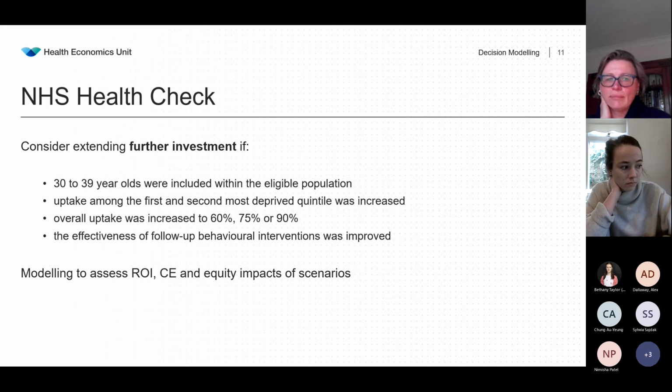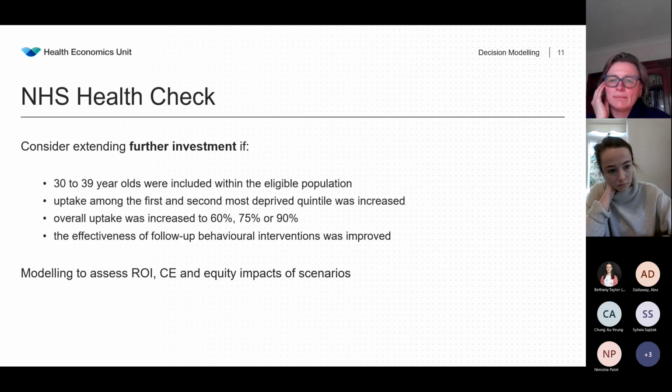An example of where modelling has been done is if we think of investing in expanding this service. For a 10-year cohort prior to 40, say 30 to 39, what would the consequences and associated costs be?